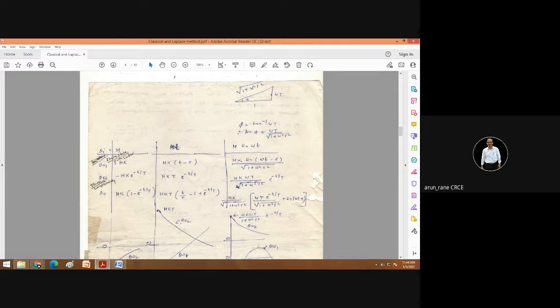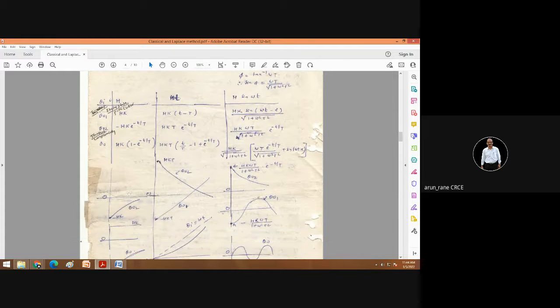Now you know there are three types of input. Look at this table carefully.